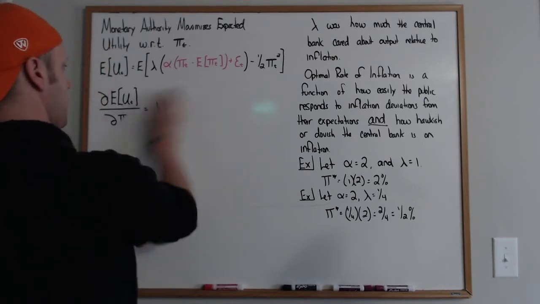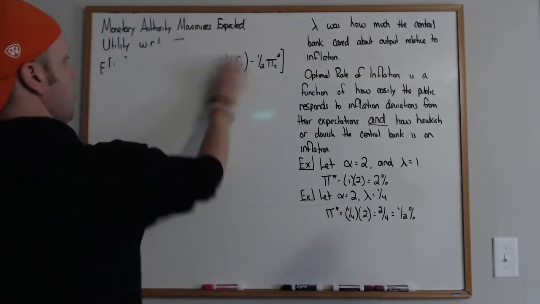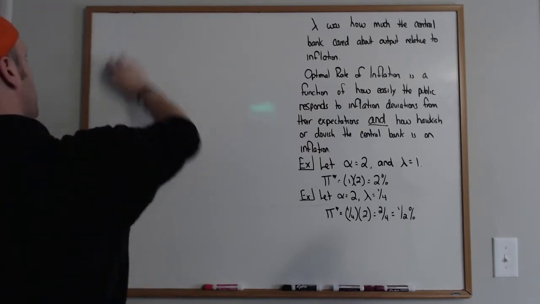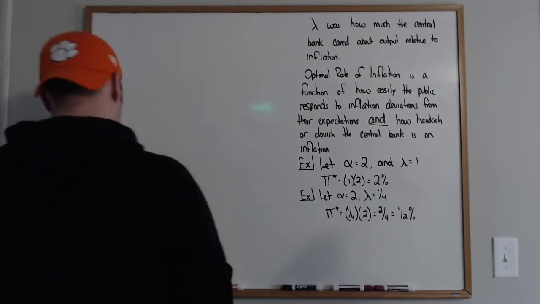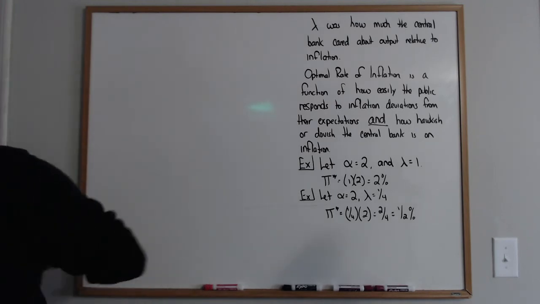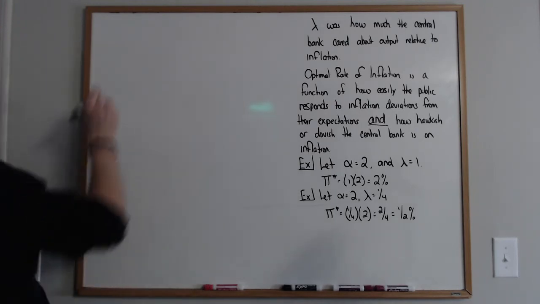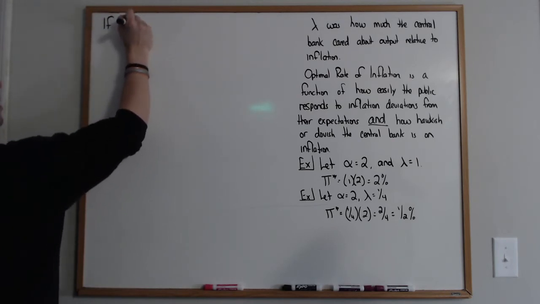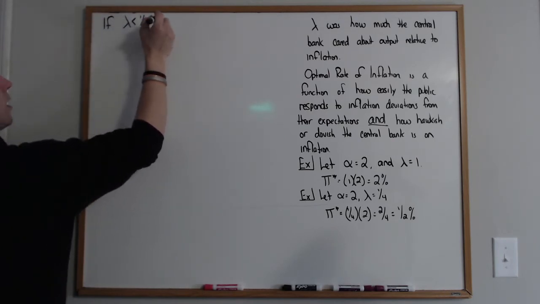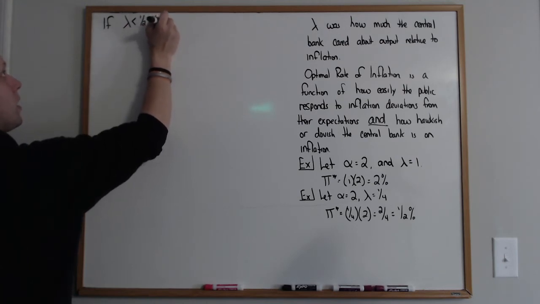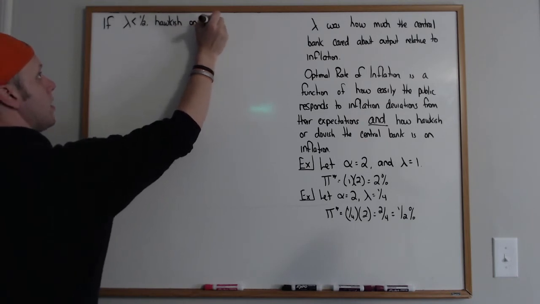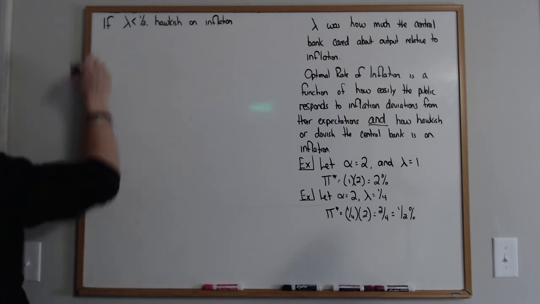So what are the cutoffs? How do I know where the central bank is more dovish, and how do I know where they're more hawkish? Well, if lambda is less than 1/2, they're hawkish on inflation.